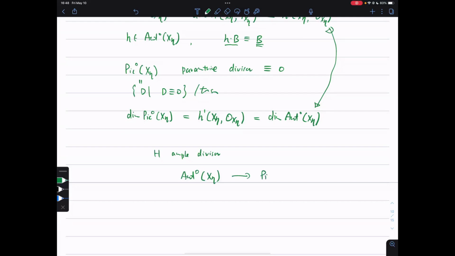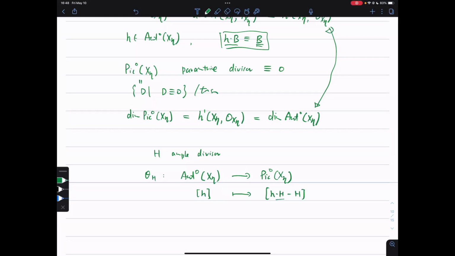This is well known actually. The map is given by the following: you have an automorphism, and you map it to its image of H minus H. We know they have the same divisor class, so the difference is numerically equivalent to 0.